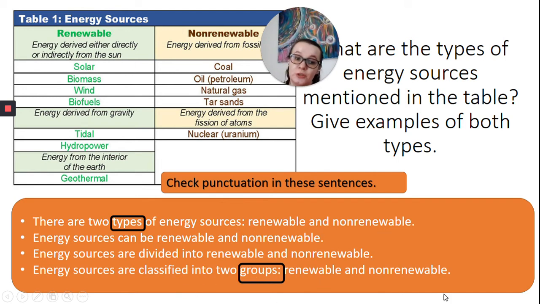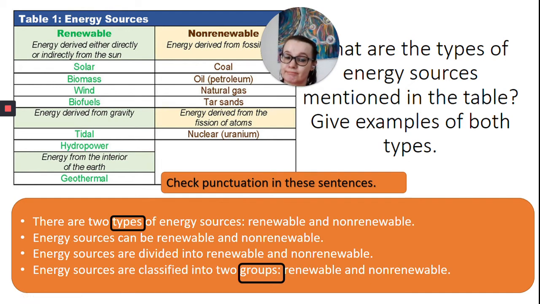So the first reason why we have a colon here is because renewable and non-renewable are what? What are they? They are the 2 types of energy sources, right? Or here, they are 2 groups.